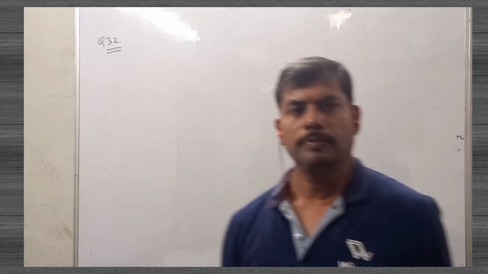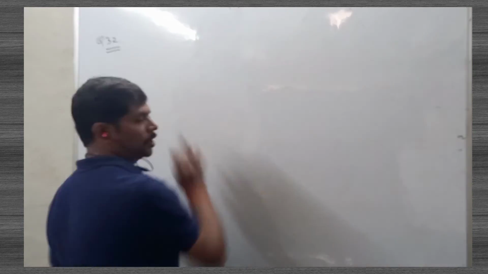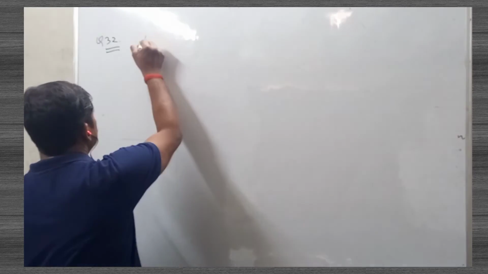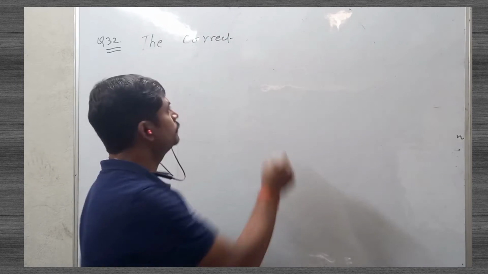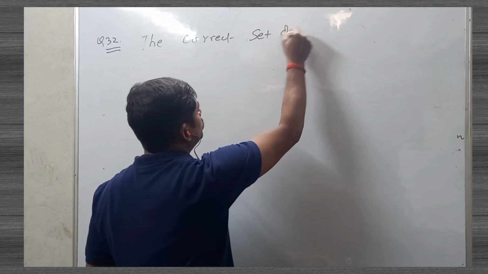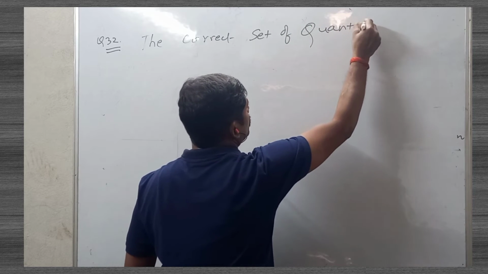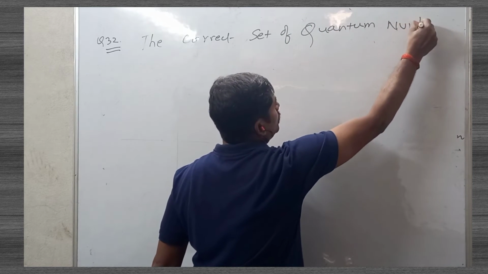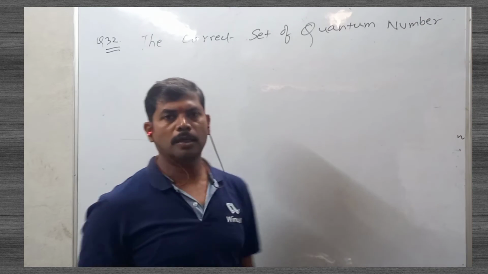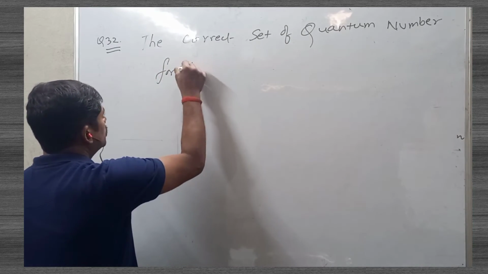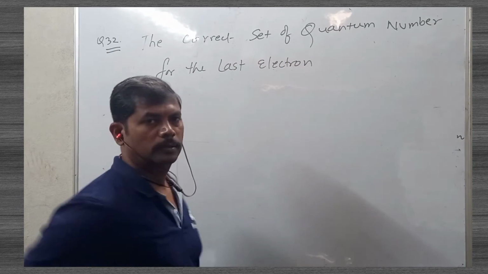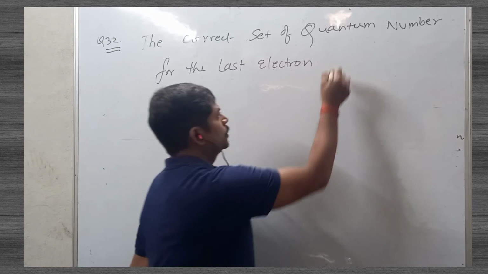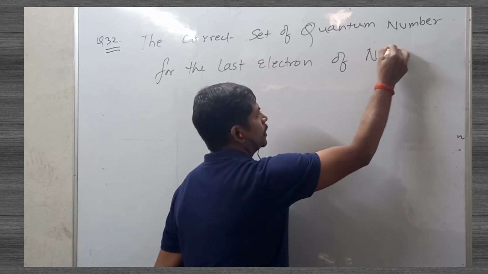So welcome, you all. We are just going to discuss question number 32. I hope that this question is very easy for you and you are able to understand. The correct set of quantum numbers for the last electron of sodium is.